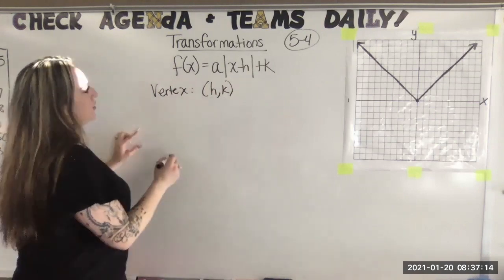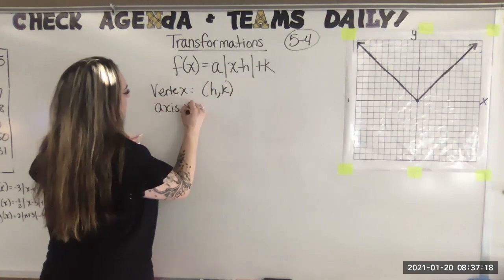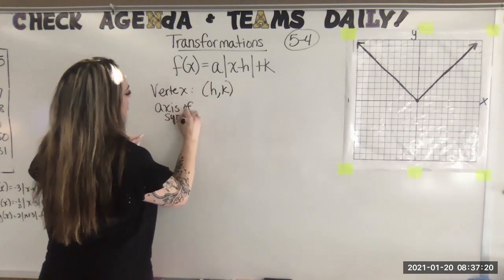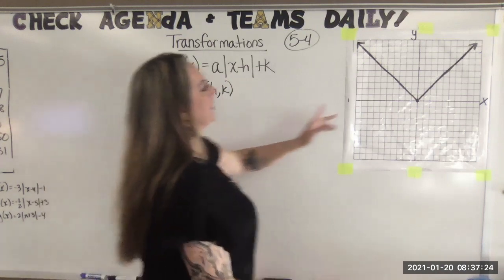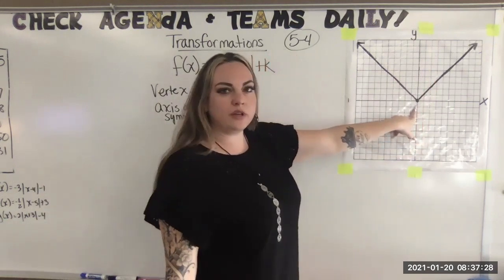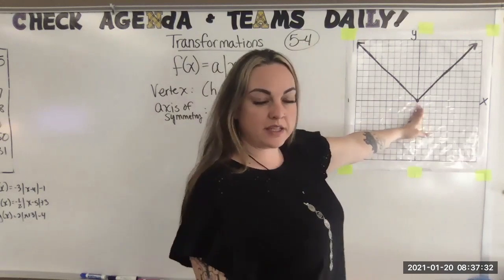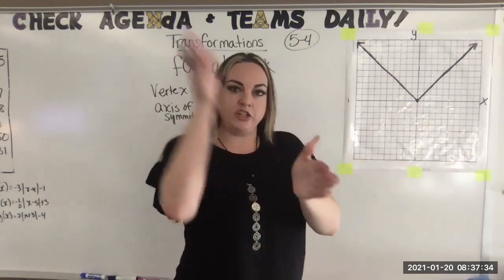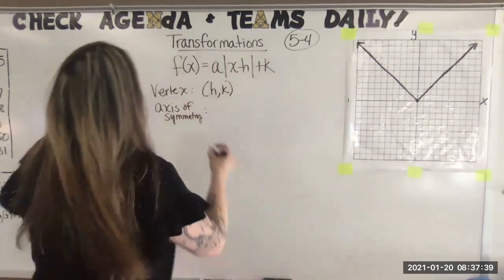We also know that the axis of symmetry is where our graph is split in half symmetrically, and in an absolute value function, it's always going to take place where the vertex is, because that's where the graph completely shifts from a positive or negative slope to its opposite.